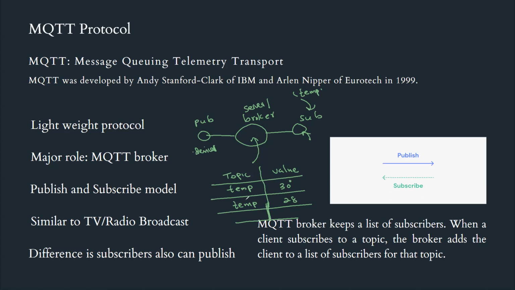So it has specific topics and values of that specific topic. And so if we take this MQTT protocol, we can consider this as a publish and subscribe model communication.